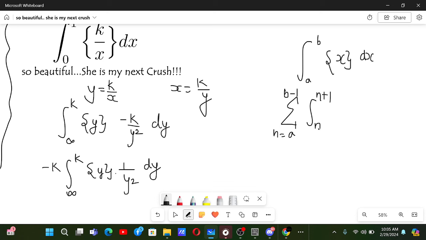So basically from a to a plus 1, then a plus 1 to a plus 2, a plus 2 to a plus 3, and so on, until n is b minus 1, from b minus 1 to b. Due to the linearity of the integral operator, all of this will sum up to the integral from a to b. This is how it works.